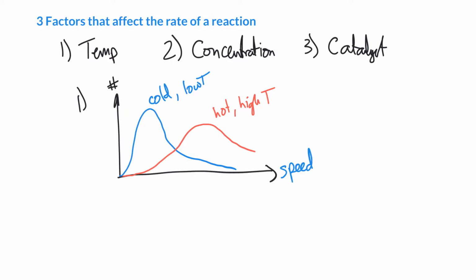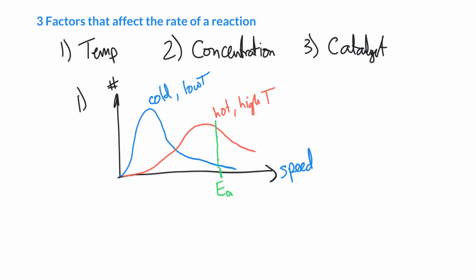So what you find is the higher the temperature is, the more molecules are moving at a higher speed, and the colder it is, more of them are moving at a lower speed. The thing to remember, of course, is that they don't all move at the same speed. There's a distribution of speeds. And how does this affect the rate of a reaction? Well, there is a particular activation energy that is related to the speed. It's not quite the same thing, but you can think of it in the same kind of terms.